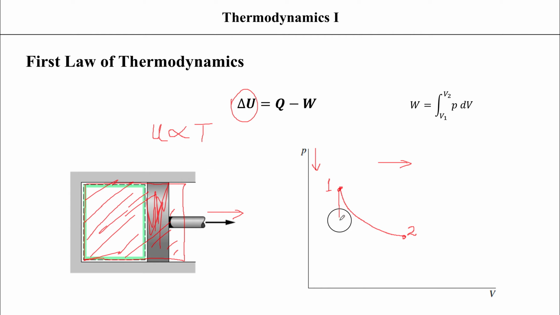And what we can say is that according to calculus, the area under the curve here is going to describe the work that has been done for the system. This represents the work done in terms of pressure and volume. We are basically integrating it over the entire volume from V1 to V2. And in this way, we can write work in terms of pressure-volume relationship.